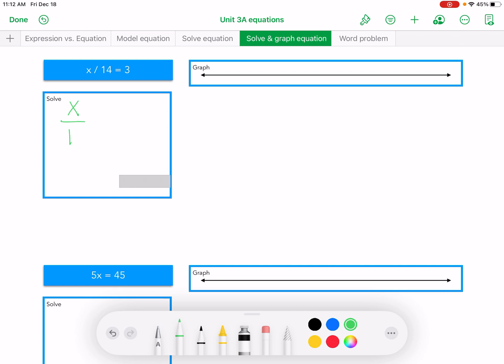X divided by 14 is equal to 3. Again, this is division. We're going to multiply both sides of the equation by 14. That leaves you with 1x, and that would equal 42.